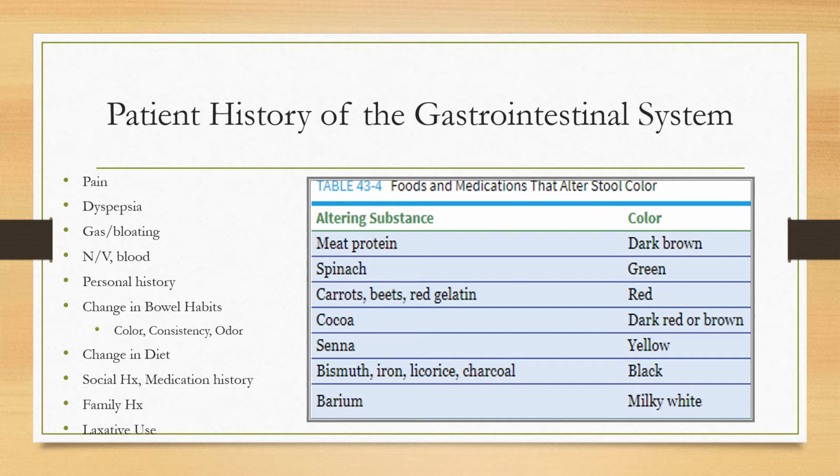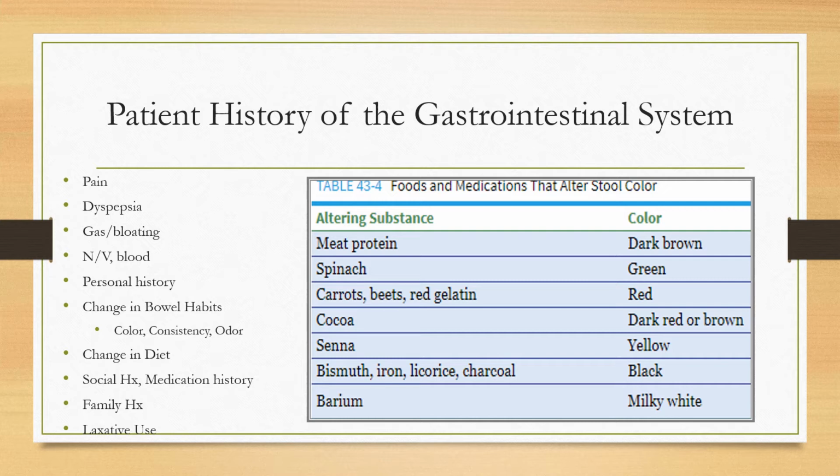So all of those things might lead us to a clear understanding of where the pain is coming from. Family history would be linked more to genetic conditions, right? Irritable bowel, inflammatory bowel diseases such as Crohn's or ulcerative colitis, gallstones.